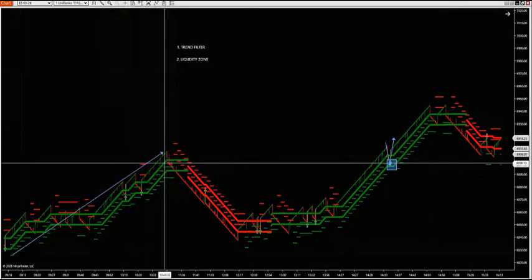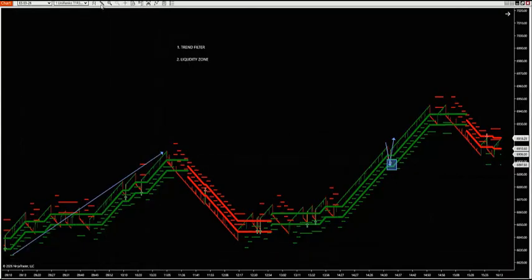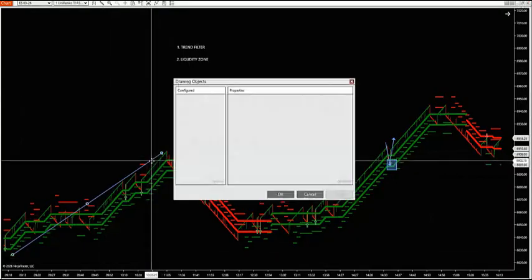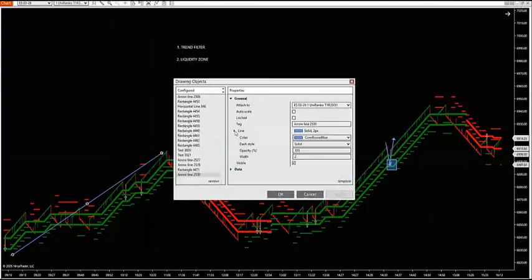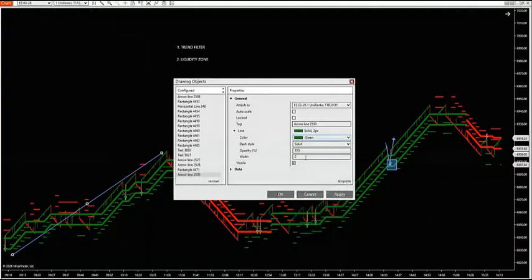So what you want to do is look to buy liquidity grab zones. They're trying to mark the market up. Very simple.